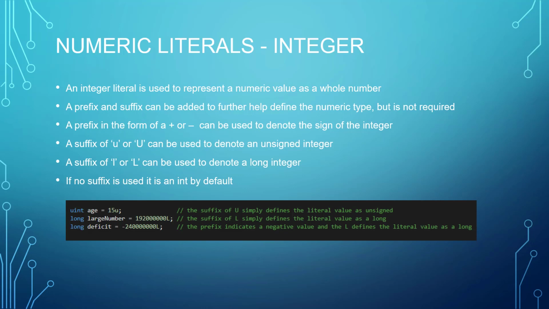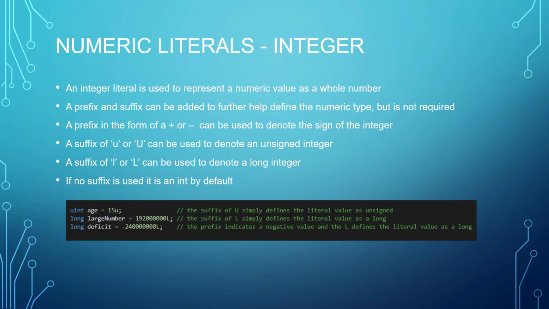Now this is a new concept that we're about to talk about, which is suffixes. A numeric value, you can append a suffix to the end of a literal and further define the type of numeric data that you would like for this value to represent.